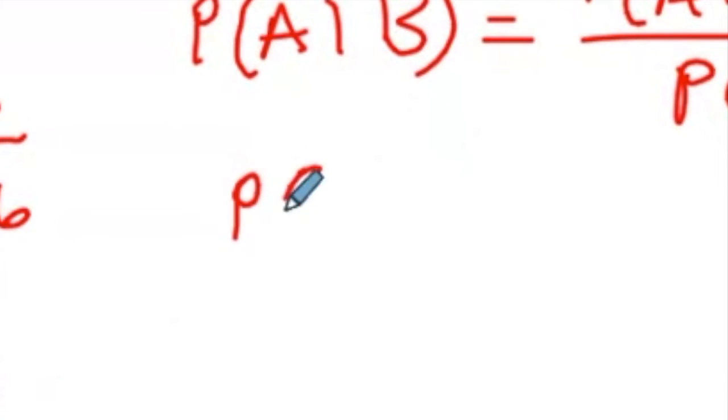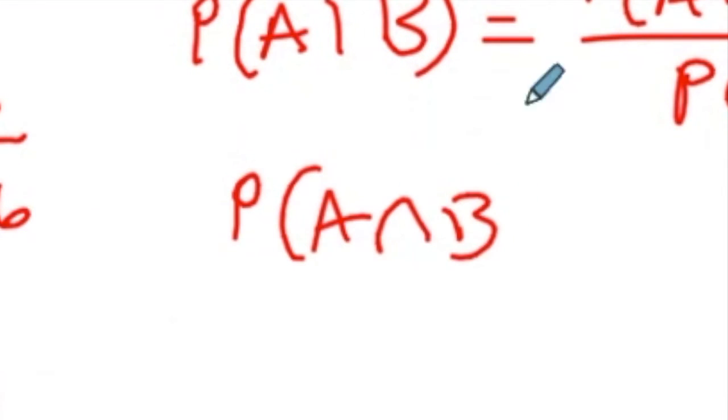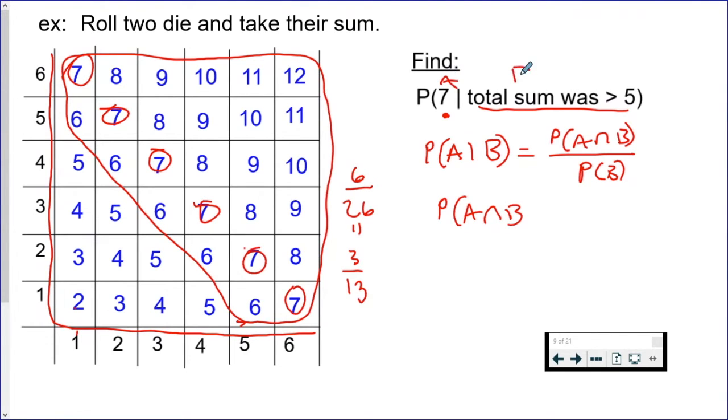So the probability of A and B, remember this is A, this is B, equals, it's saying it has to be a sum of 7 and greater than 5. It has to be those two. So out of 36, I have 1, 2, 3, 4, 5, 6. I have 6 out of 36. Now, what's the probability for B of getting a sum that's greater than 5? Remember, this is the part that I circled here.